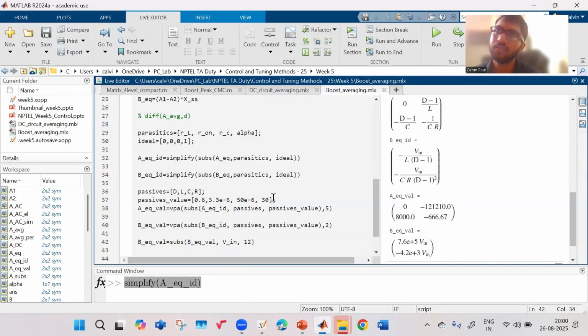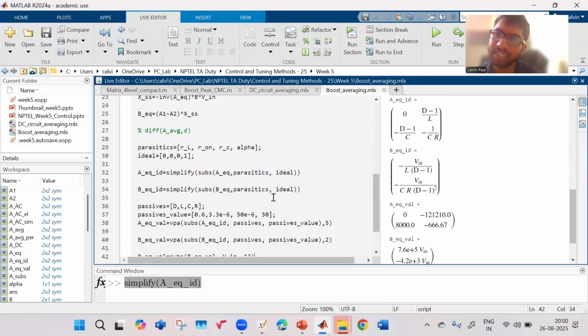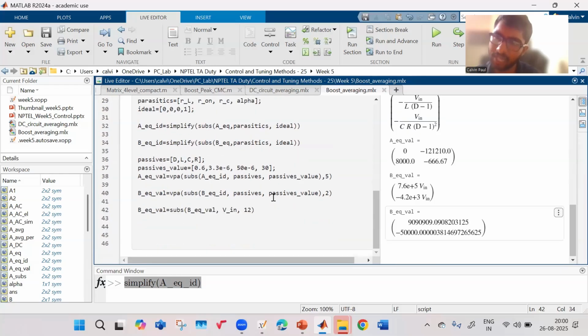Not any hands-on. And there's no loss calculation, like double pulse test or something? Yes, double pulse test was there in week 2. They have the gate driver circuit for GaN, gate driver circuit for silicon carbide.